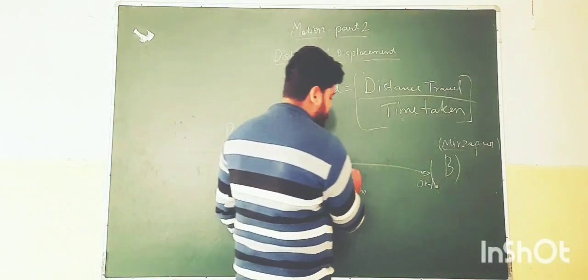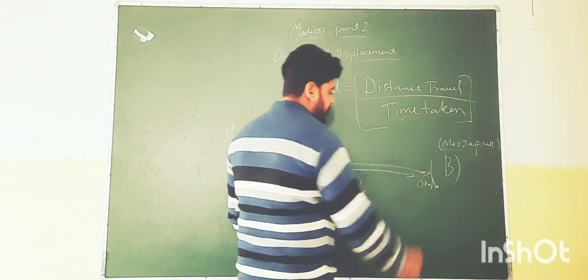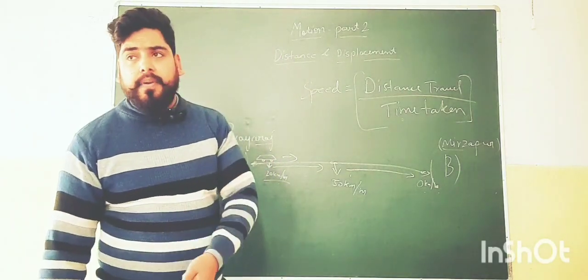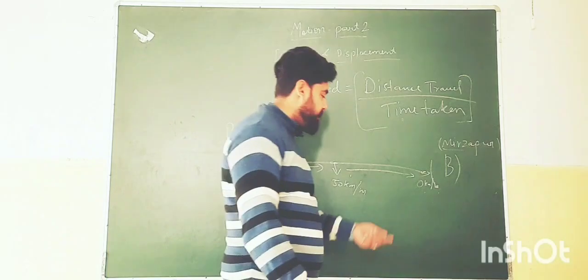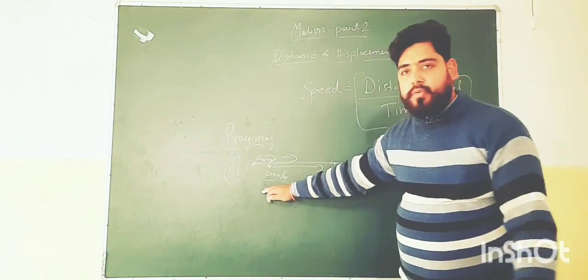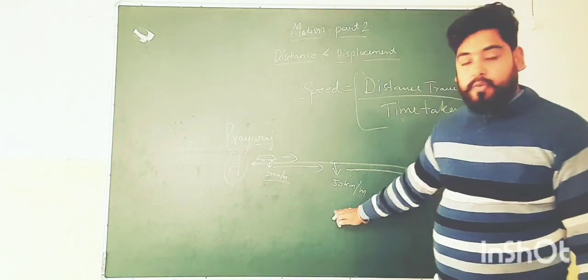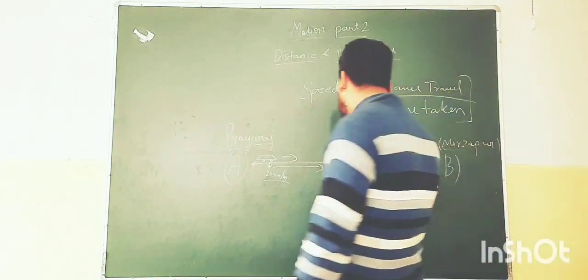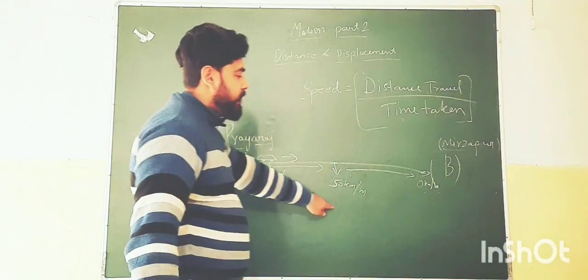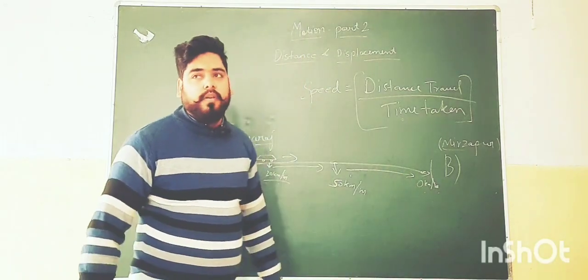From here to here it is decreasing and came to 0 kilometers due to any traffic, because traffic is also there now. Here it is 20, here it is 50, and at last it is 0 kilometers per hour.